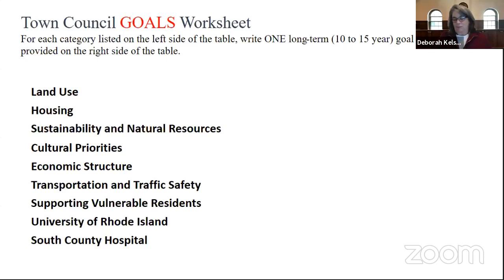So I'm going to preface this by saying I have a degree from the University of Rhode Island, but I think in this town, not only do we have to say to the university our value, but we have to convince the residents of the value of the university. So I think there's a resistance to that here.